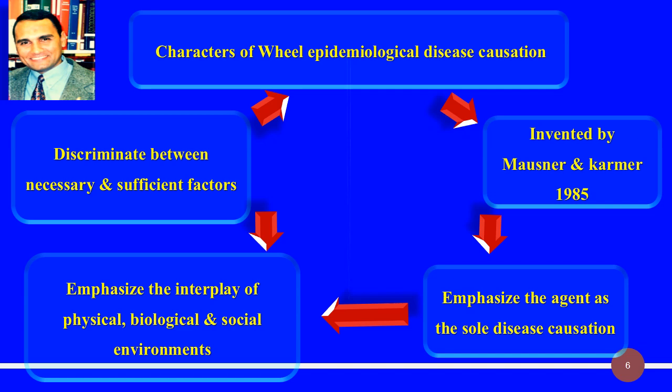This model was invented by Mausner and Kramer in 1985. This model emphasized the agent as the sole disease cause. This model emphasized the interplay of physical, biological, and social environments as disease causation.